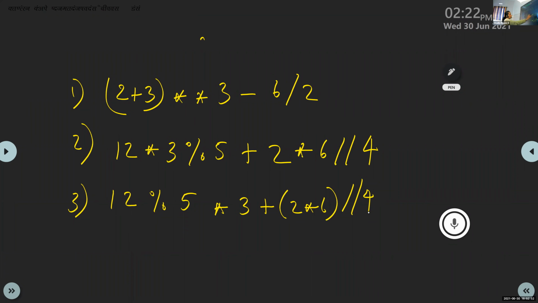Do the second question now itself, and the first and third are for homework.